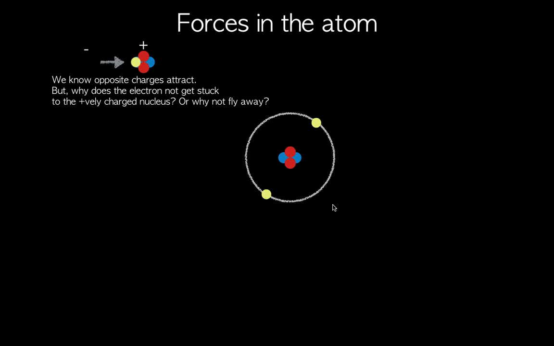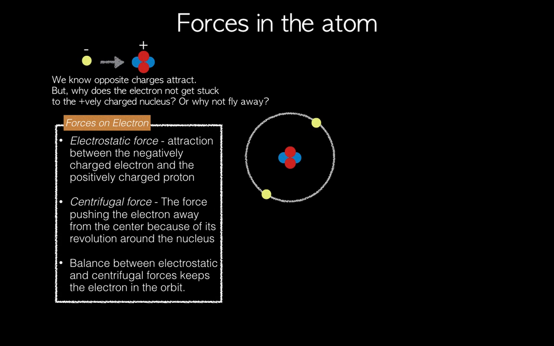To answer this, we have to look at all the forces on the electron. There is what is called an electrostatic force of attraction between the negatively charged electron and the positively charged nucleus. But there is also one more force, called the centrifugal force.